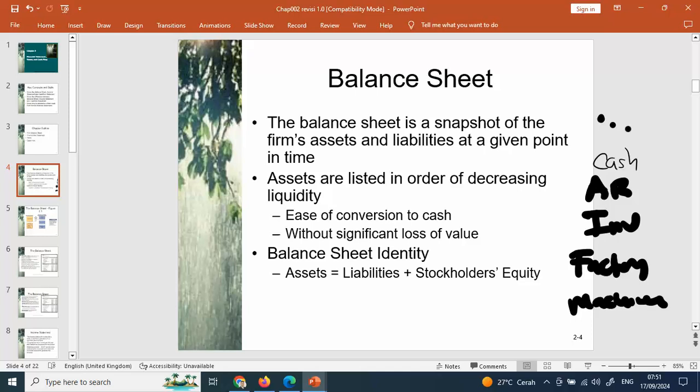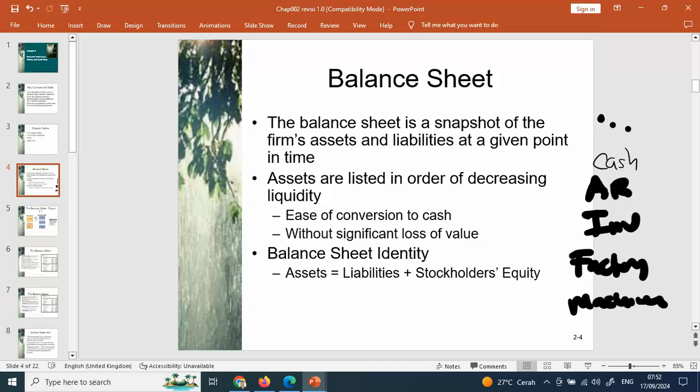But if you accept a significant loss and you give discounts, you can sell it more easily. But you need to accept a significant loss of value.